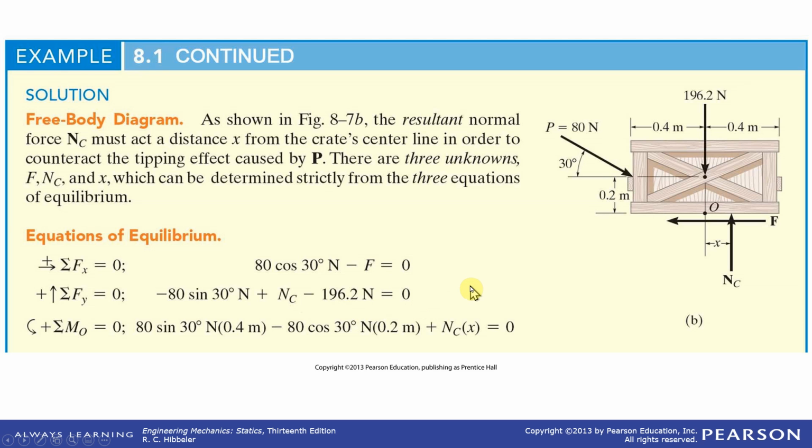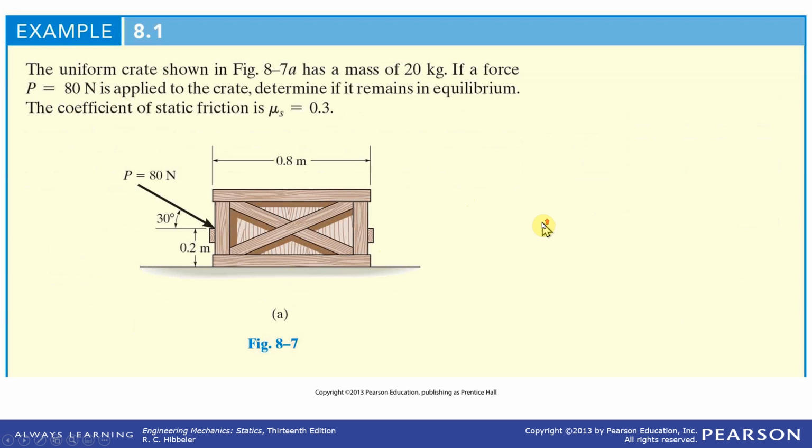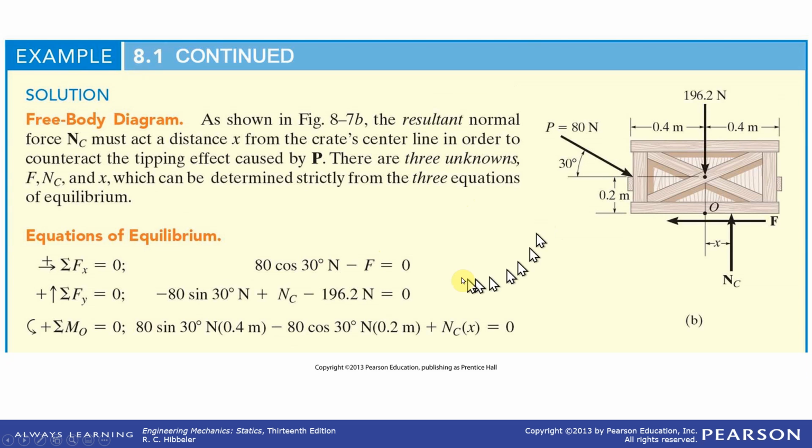And then the force of friction, 80 cosine 30, force of friction is equal and opposite. Is the force of friction less than 0.3 times, the coefficient of friction was 0.3, times that 236.2?